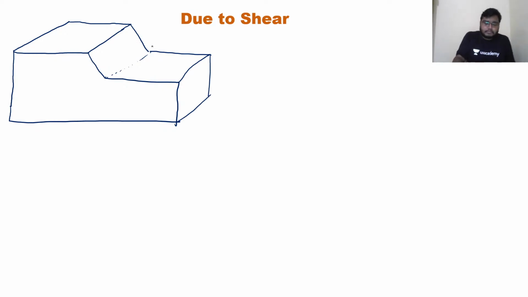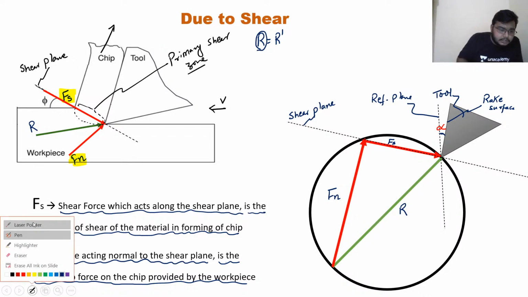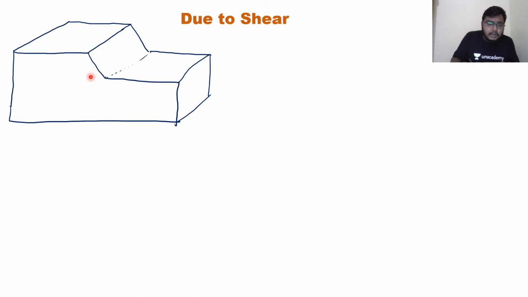See, when you are machining, this is your shear plane, right? So what will happen when the tool is moving with the cutting velocity v, and this chip is moved out, then you will be left with this type of workpiece, right?